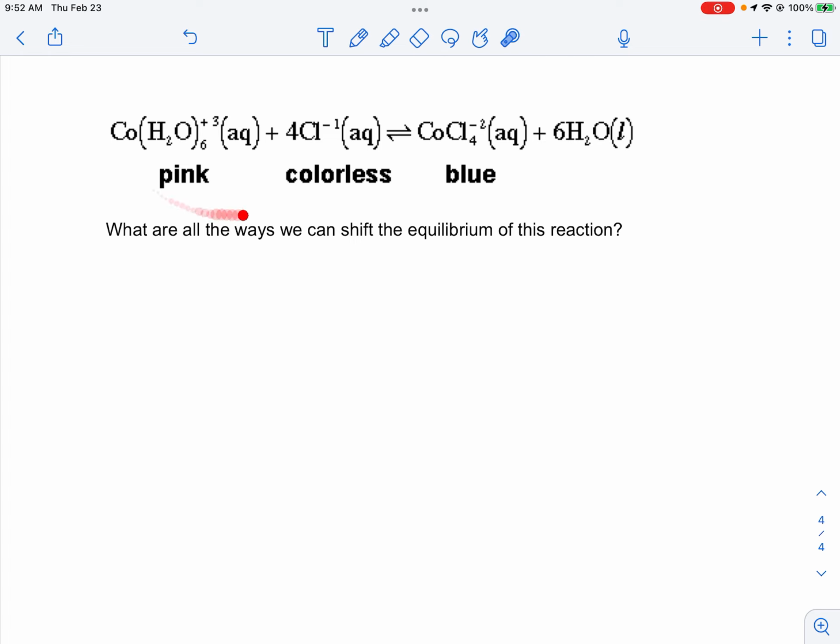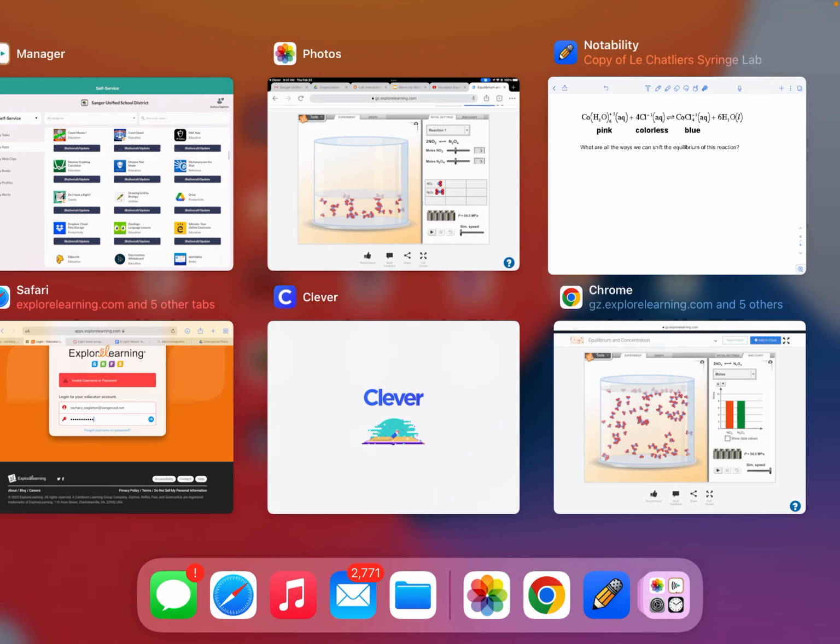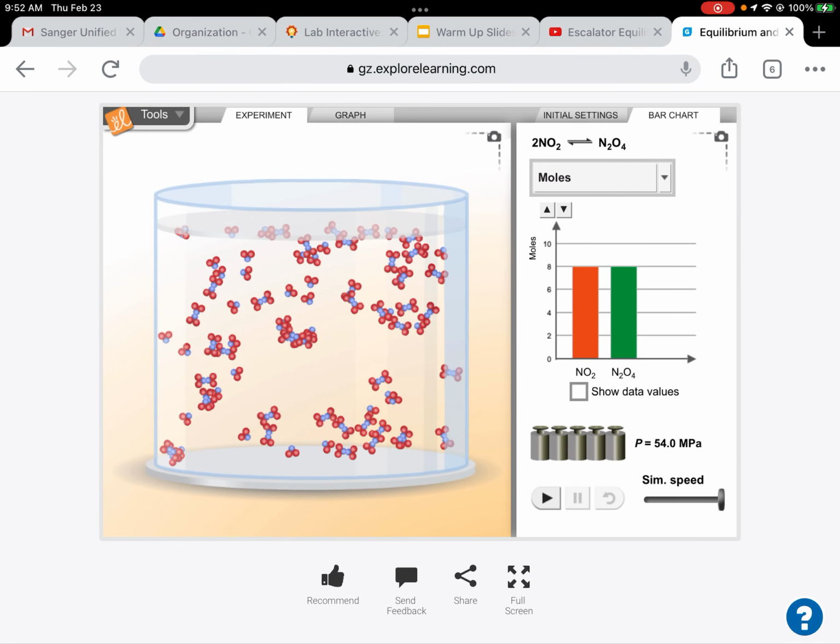It doesn't mean half the chemicals are these guys and half are these guys. It just means that these guys are turning into these and these guys are turning into these at the same speed. And so the reaction settles into a dynamic equilibrium. There are still reactions happening, but for us looking at the beaker, we won't see much because it's all balanced out.